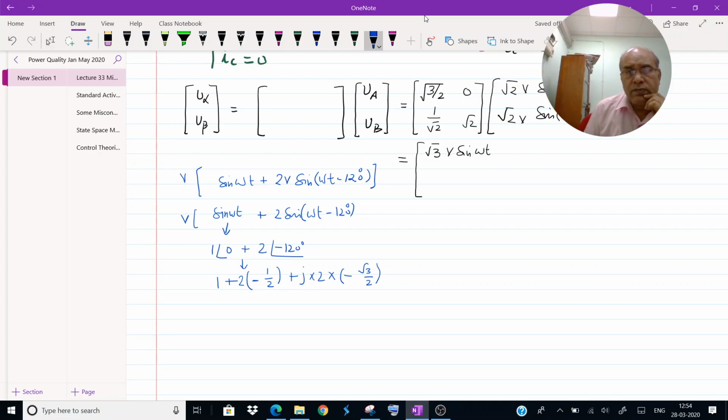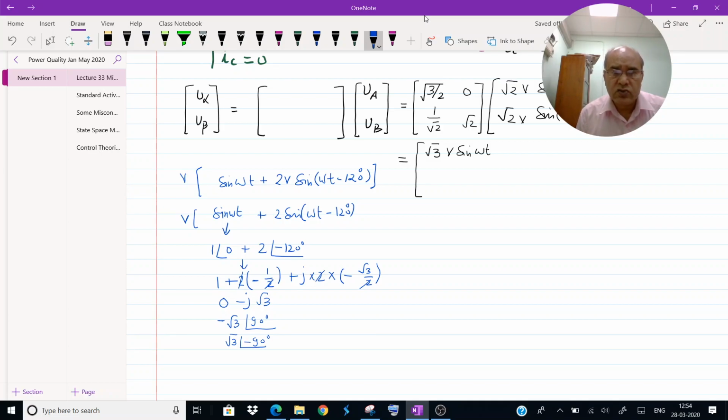Correct? So this becomes actually, 2 is gone with this, so this becomes 0, and this is gone with this, so this is 0 here, and this is minus j. 2 is gone with this 2, and this is root 3, so it becomes root 3 angle of minus 90 degree, or root 3 angle of 90 degree, whatever you find suitable.